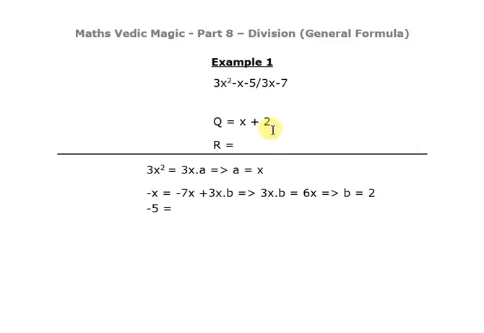Minus 5 can be achieved by multiplying plus 2 of the quotient with minus 7 of the divisor. Plus 2 into minus 7 gives us minus 14, plus something. That something is 9. So the remainder is 9.